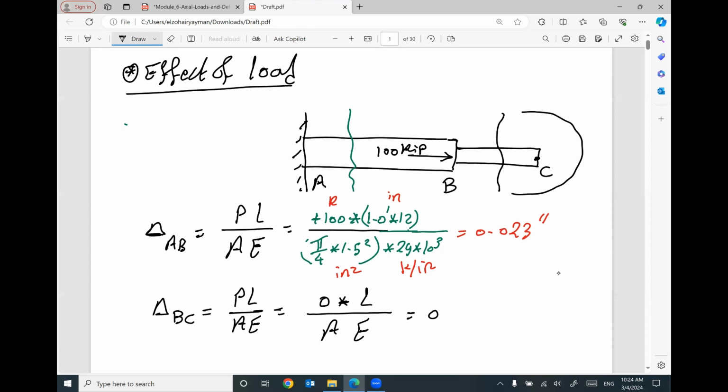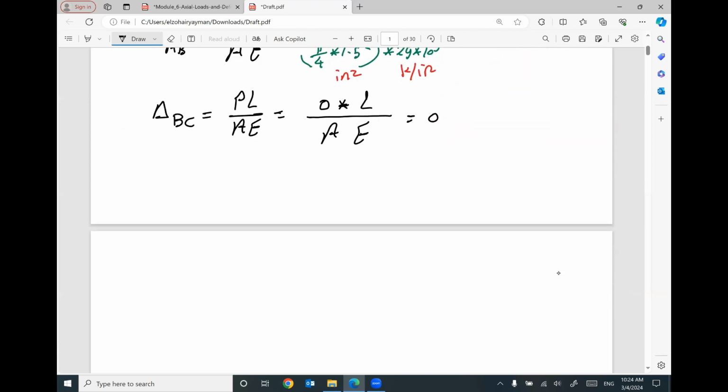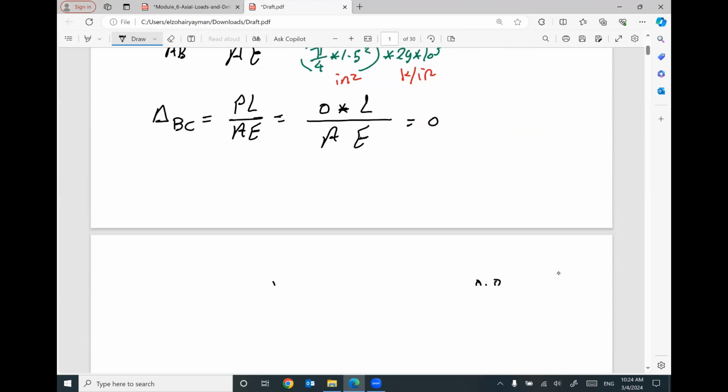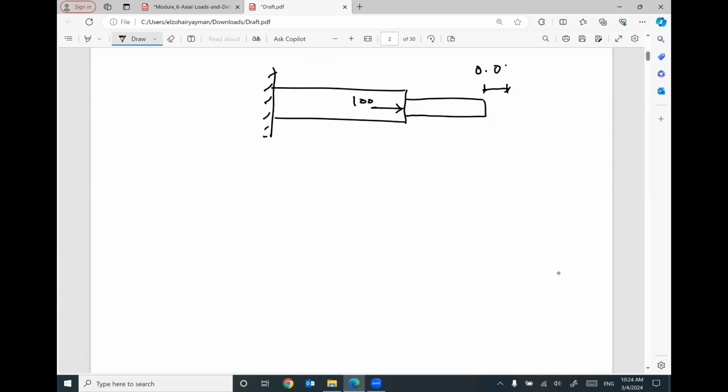So under the effect of the applied force, this end will move, how much? 0.023. So this is the elongation.